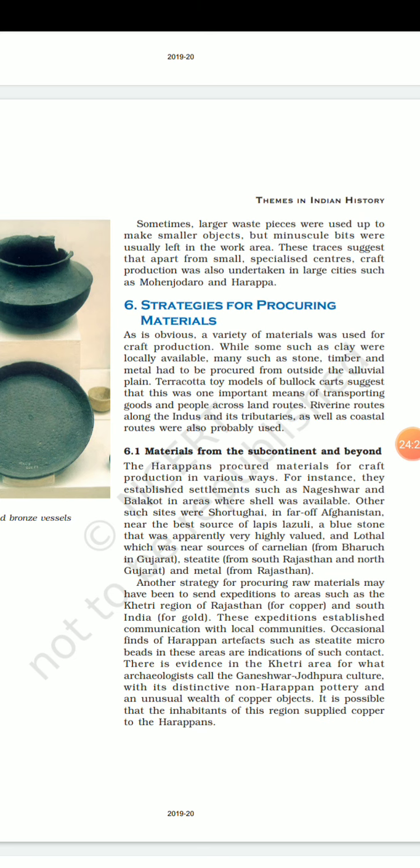Apart from these specialized centers, some craft production was also being carried out in Harappa and Mohenjo-daro.